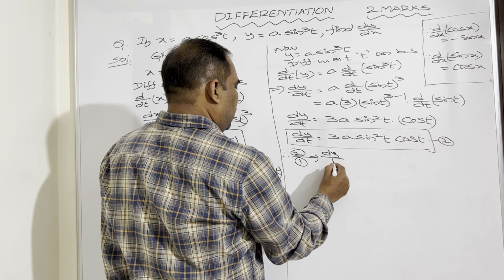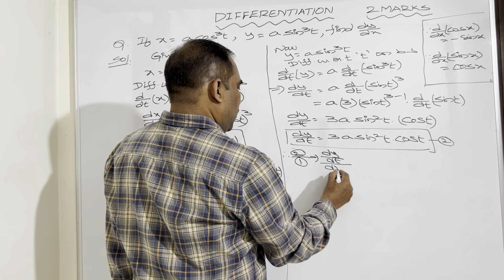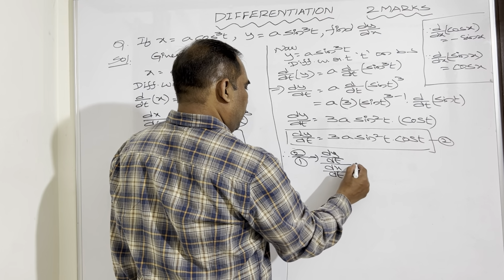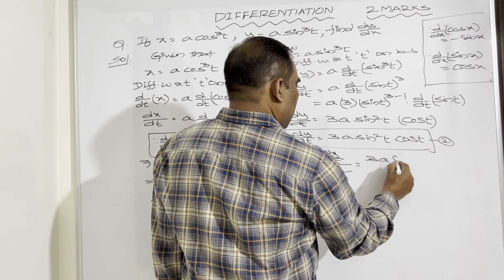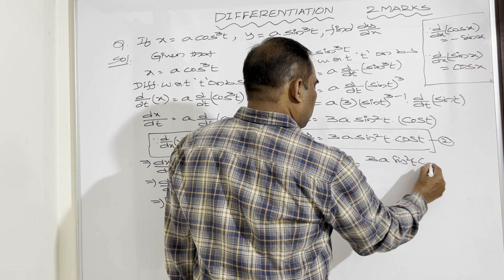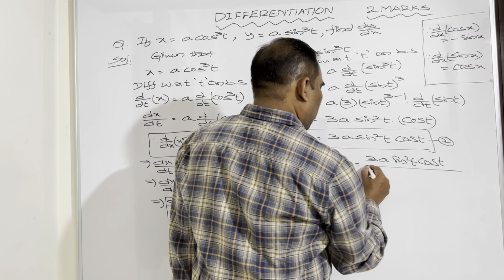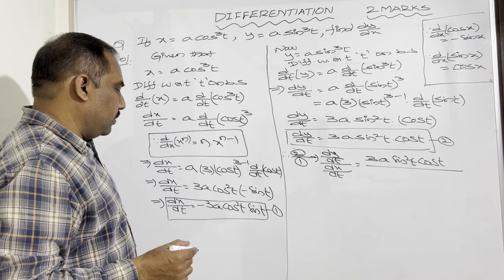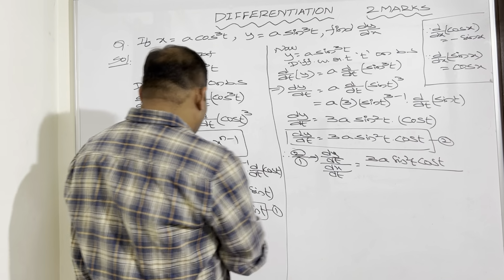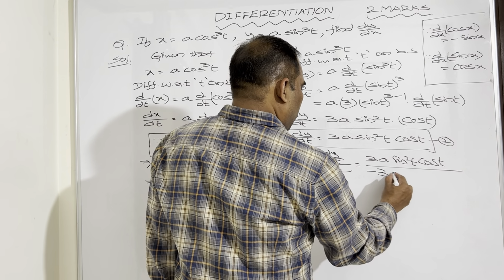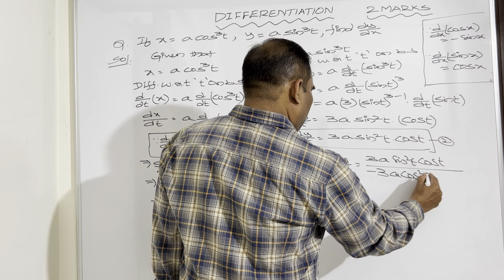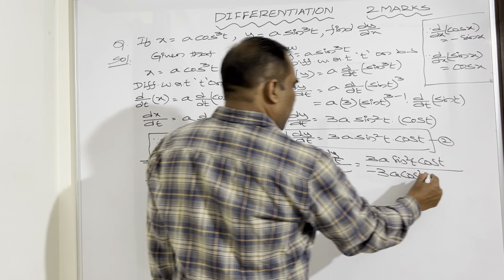Which implies dy by dt by dx by dt is equal to, see dy by dt what we have, 3a sin square t into cos t, whole divided by dx by dt, which is minus 3a cos square t into sin t.